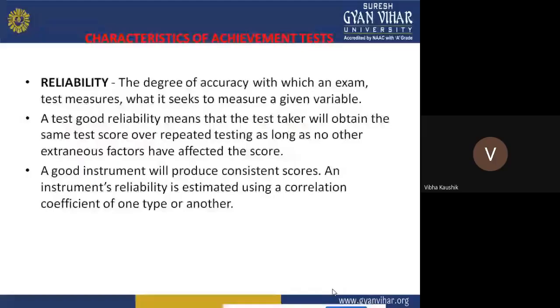The degree of accuracy means the results we get after administering the test are accurate or correct. The test measures what it seeks to measure, which is a variable. The variable can be intelligence, or it can be personality.